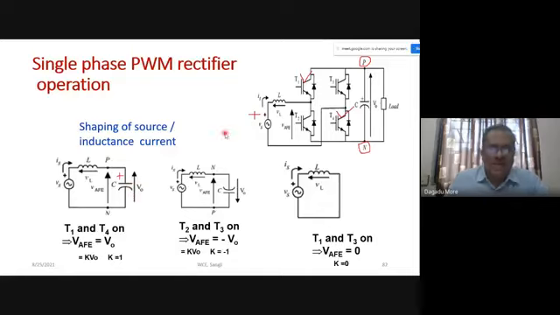We are assuming that power is going from the AC side to the DC side, and under that condition, because of the polarity, the capacitor will oppose the increase of current and try to decrease it. So when T1 and T4 are on, what is the supply current tendency? The supply current tendency will be to decrease the current.